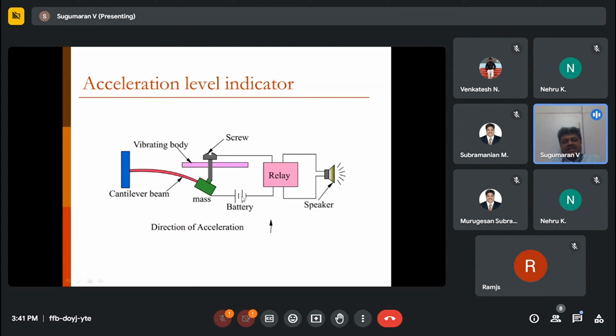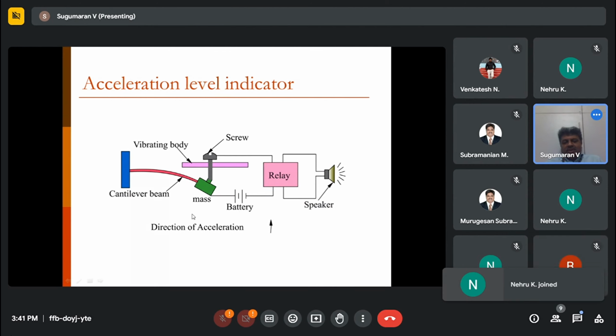Thus, the circuit is kept closed all the time. When the body vibrates faster beyond the threshold limit, the mass comes out of contact and thus breaks the circuit, making and breaking the circuit.